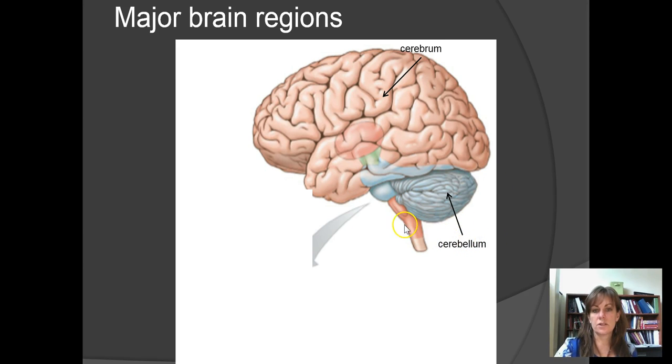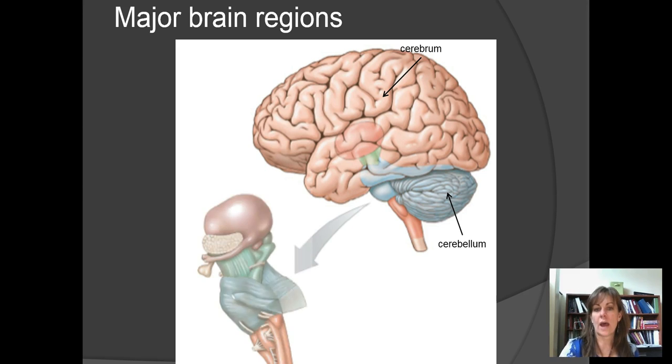Now what this image is showing you is, way down here is part of the spinal cord, and then there's this portion that goes up deep into the middle of the brain. And so as the figure is looking at this part, we've pulled out this portion here that's deep in that middle part of the brain.